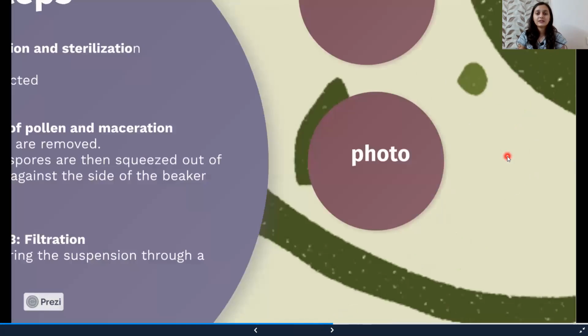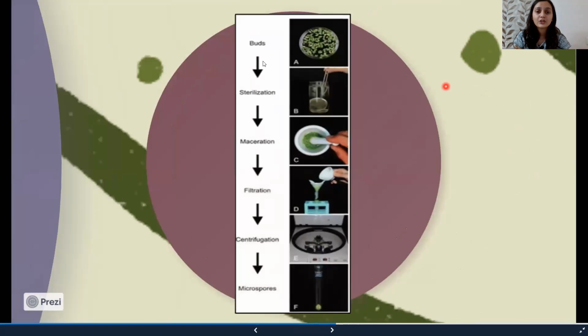So here is a diagram showing haploid culture. First we take the plant's flowering portion and remove the anther. Then we sterilize that explant. Then we macerate the pollen grains from the anther.